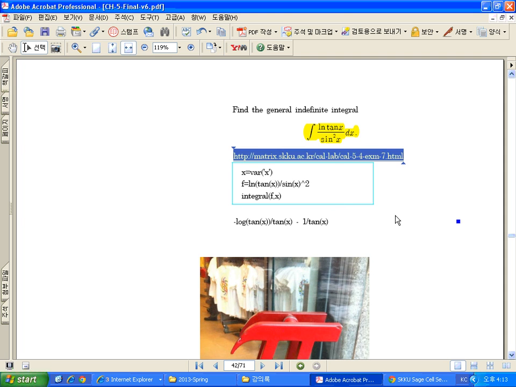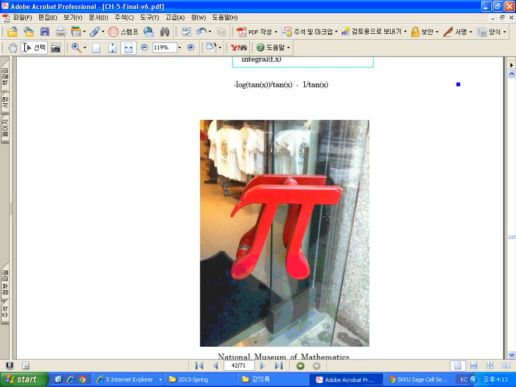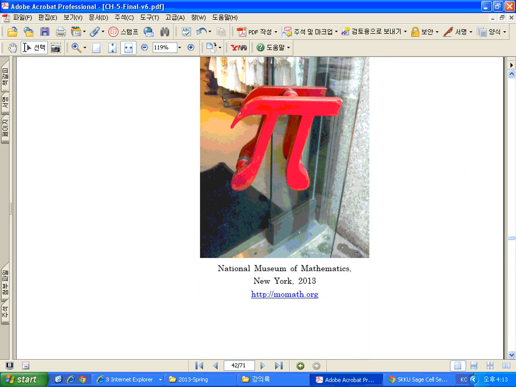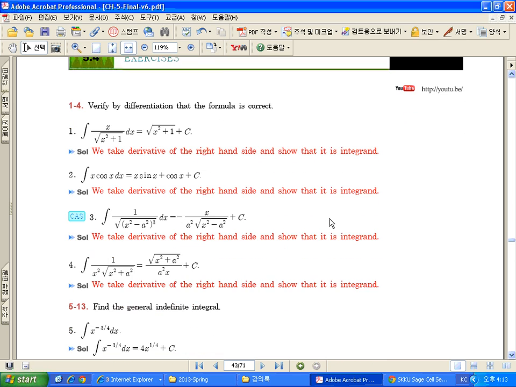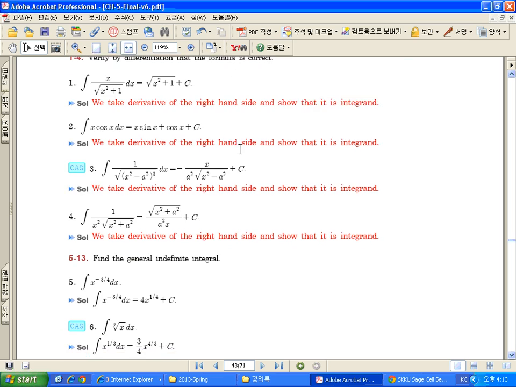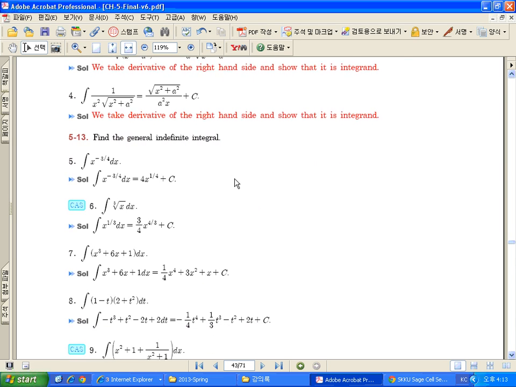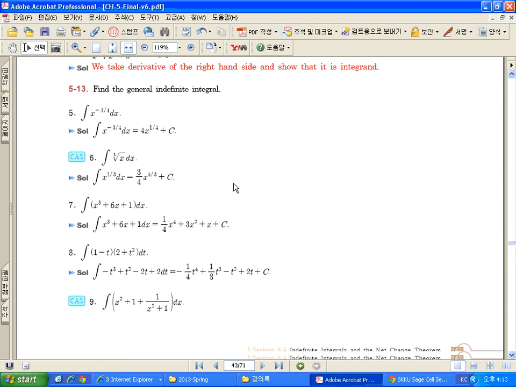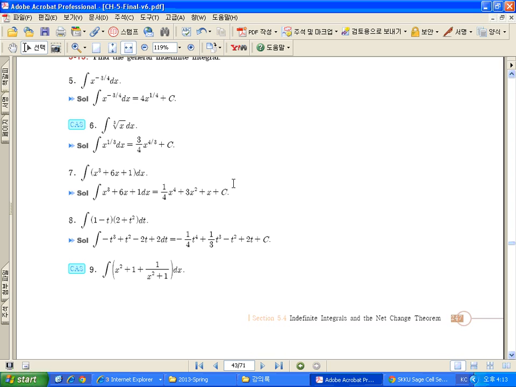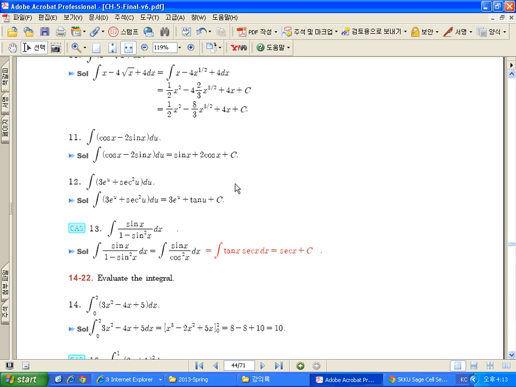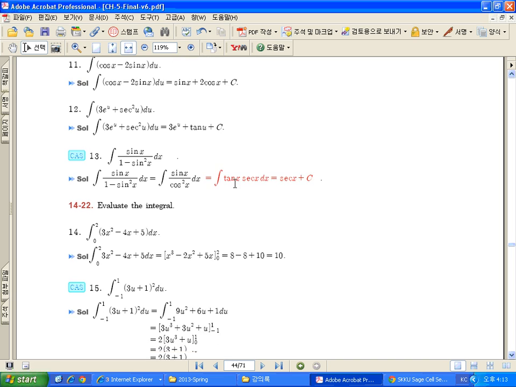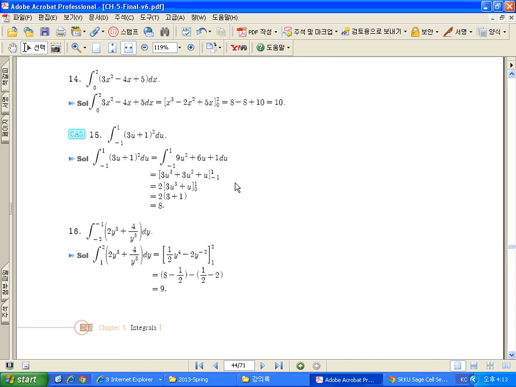So basically, we can handle all the problems just by keeping in mind the basic knowledge and the theorems. There are many problems in here that can be solved by the basic properties and the fundamental theorem of calculus by using the antiderivative of the given functions.